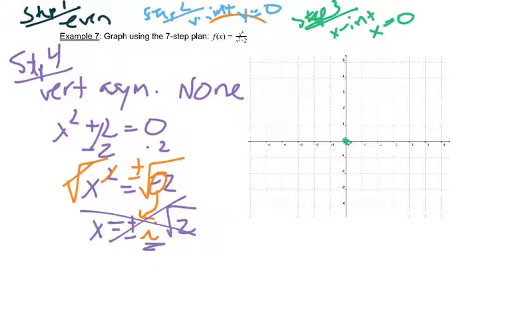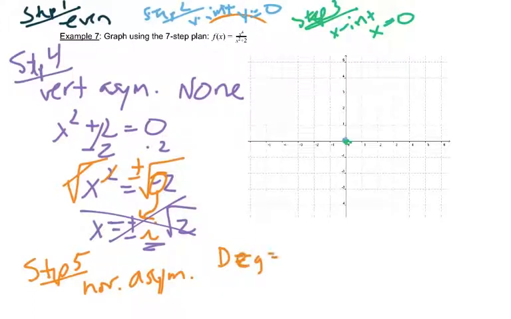So now let's talk about our horizontal asymptotes. We use the degrees of the top and the bottom. Remember, the degree in the top is 4, the degree in the bottom is 2.